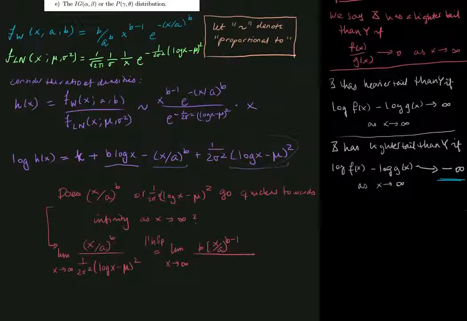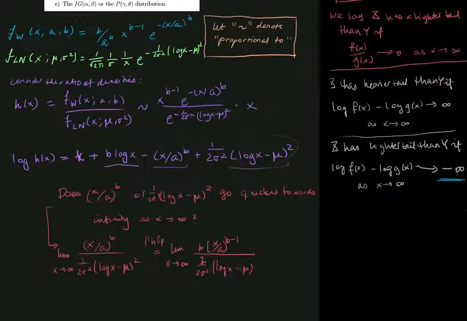And what I have down here is, well, the constant is still there, and then I have the derivative of my outer function, which is 2 times the inner function to the first. Well, that's just a 2 up here and log x minus mu.